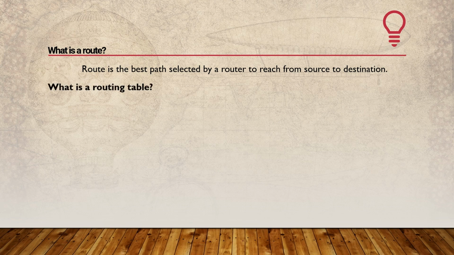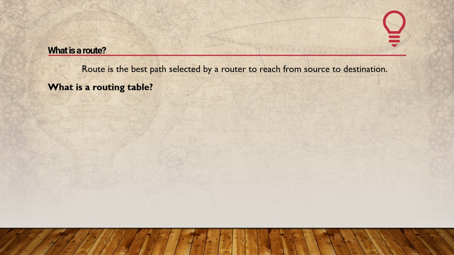What is a routing table? If I am deciding to go from Chennai to Delhi, I will have a list of information about the flights: how to catch, what time, and which flight I need to get. All that information will be available.